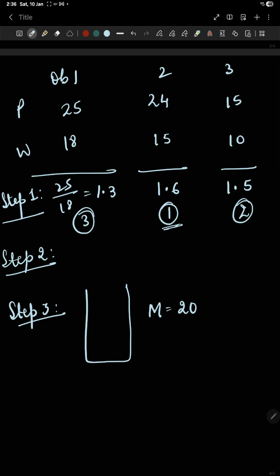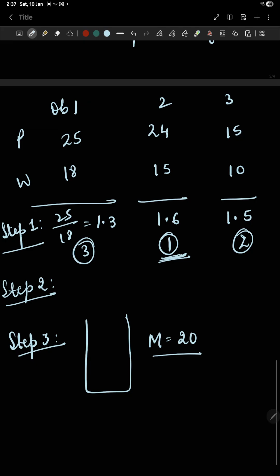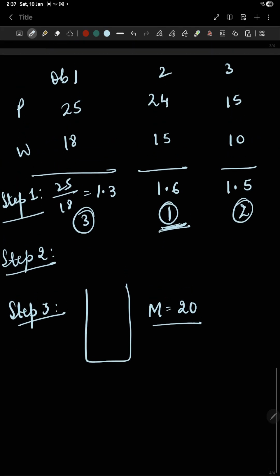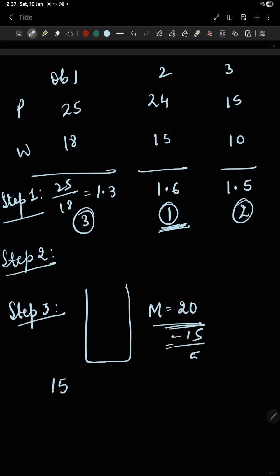Now the total capacity is 20, and we'll see the first element, 1.6, because it is the highest P by W ratio. What is its weight? The weight is 15 here. Out of the total, the remaining weight is 5.